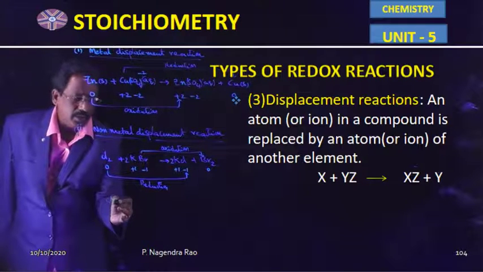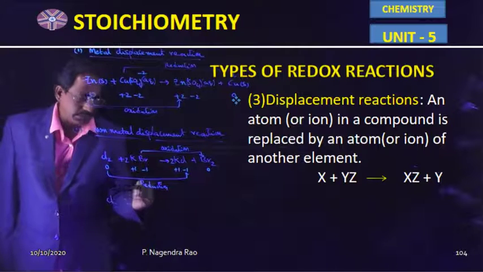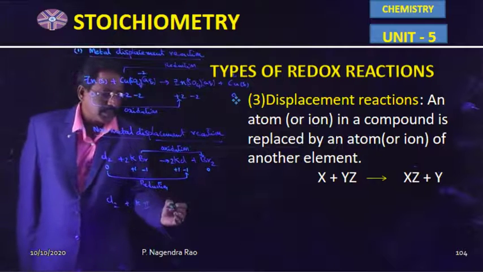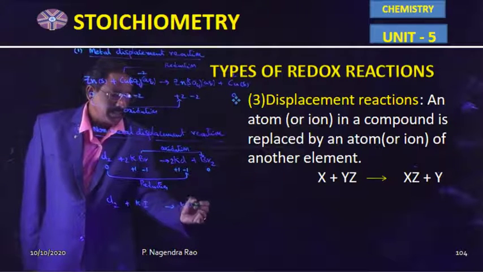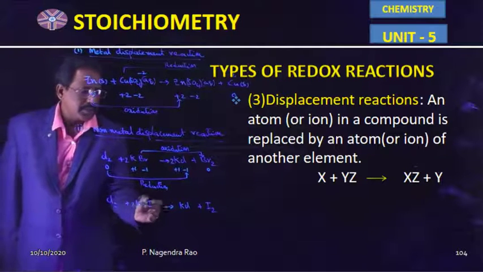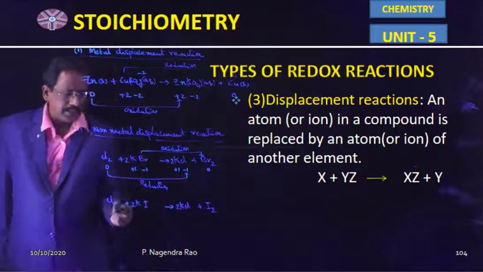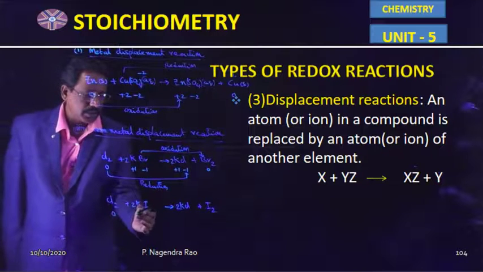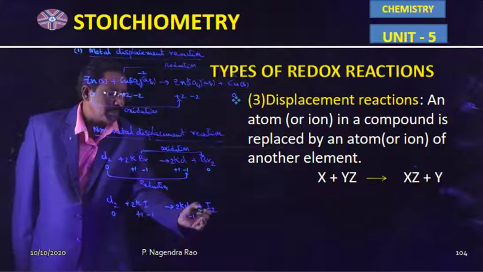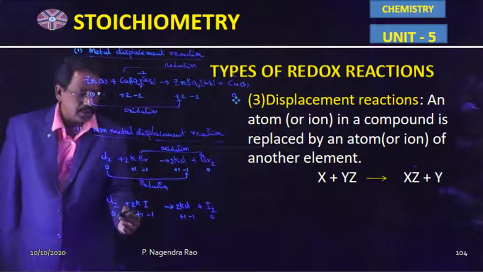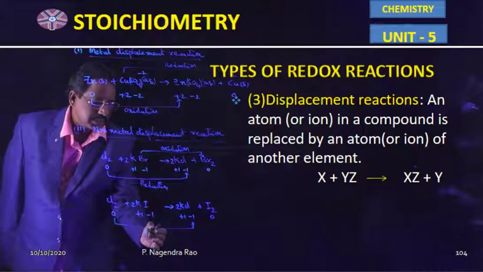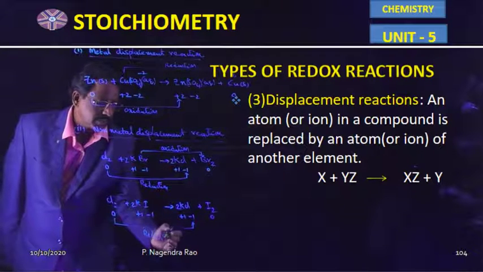Similarly, when chlorine reacts with potassium iodide salt, KCl forms and iodine gas is liberated. Now this is the complete balanced reaction. Here also 0, +1 and -1, +1 and -1 and 0. So 0 to -1, this is a reduction process.